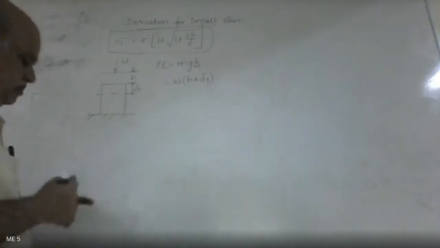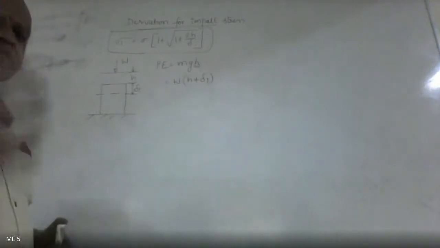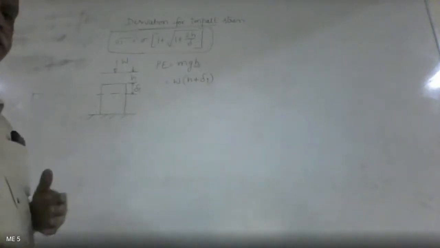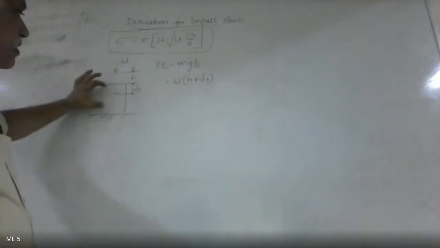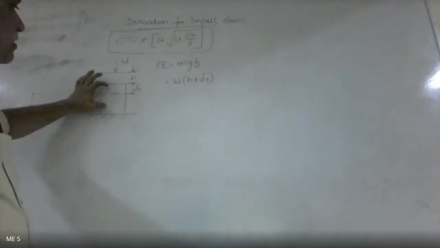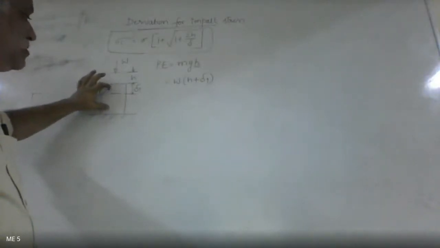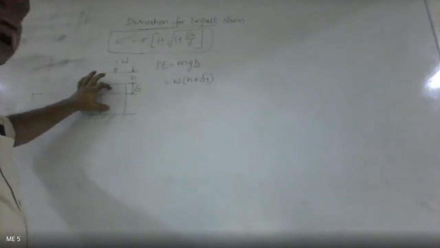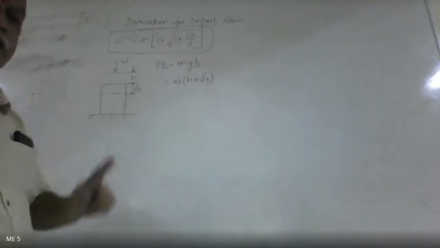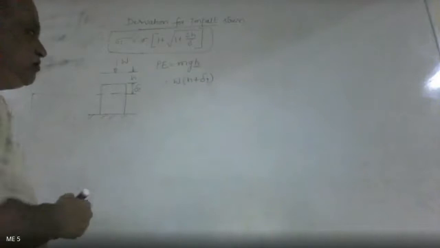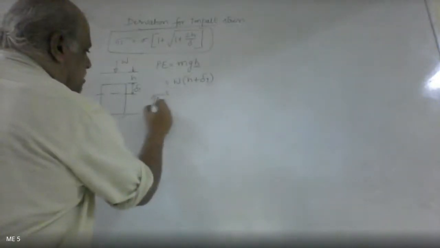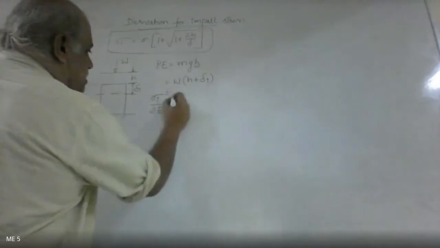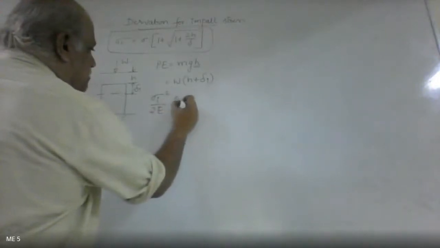Now, recalling the strain energy concept that we learned just now, the load W is falling on the body and this body will absorb the energy, stored in it, and that energy is called strain energy. What is the equation for strain energy? Sigma square by 2E into AL.